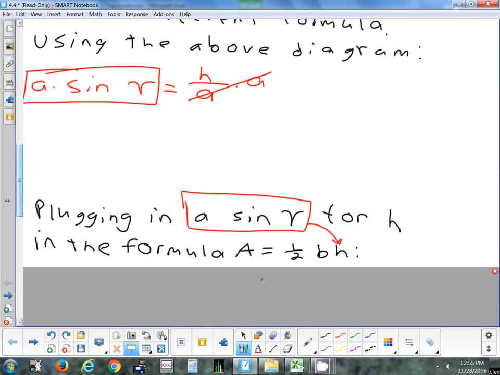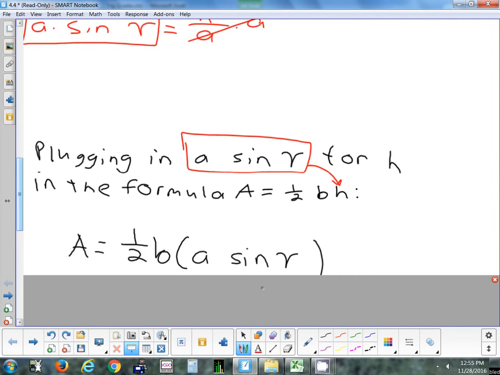It's not going to be 1/2 base times height. It's going to be 1/2 base times A sine gamma. So area is 1/2 the base times A sine gamma. Any question on where this A sine gamma came from based on the triangle up above?